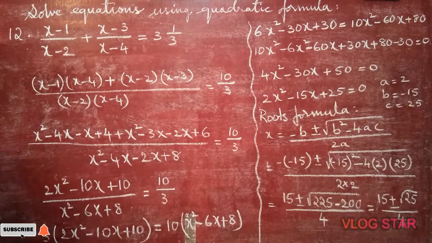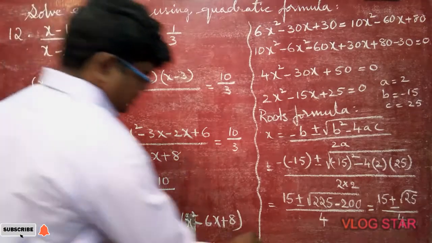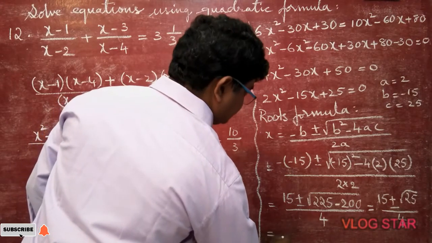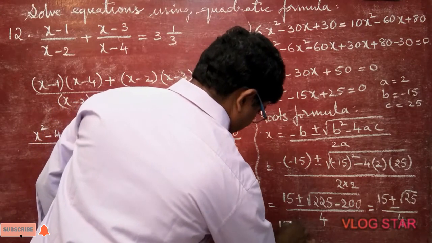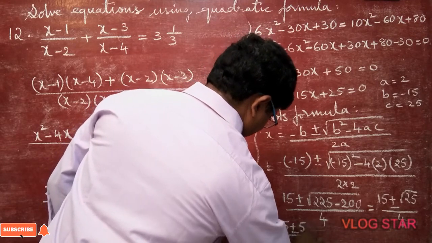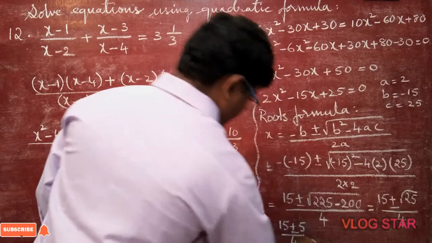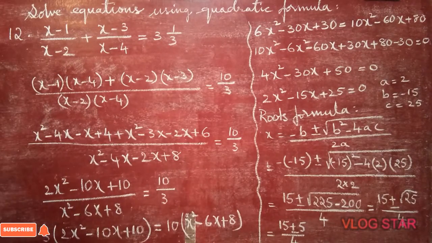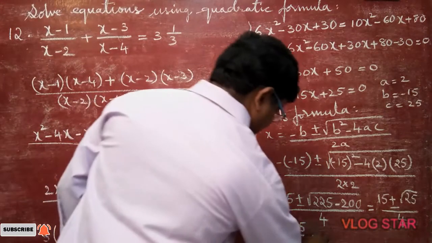What is the square root of 25? 5. So that is equal to 15 plus or minus 5 by 4. What is the meaning of plus or minus? One time you write plus, another time you write minus.